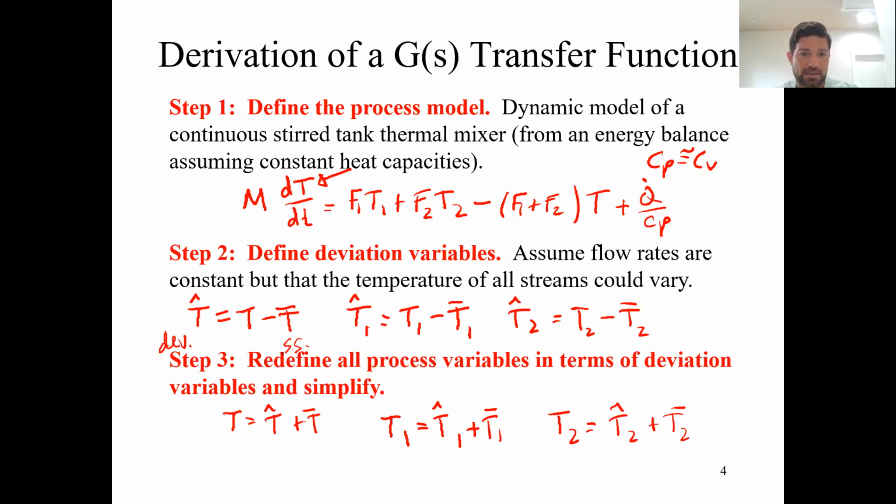All right, so now you can see that these variables right here, the next step that we're going to do is we're going to plug them into the equation. So this is going to go into here, and this is going to go into here. T1 is going to go into here. T2 is going to go into here.